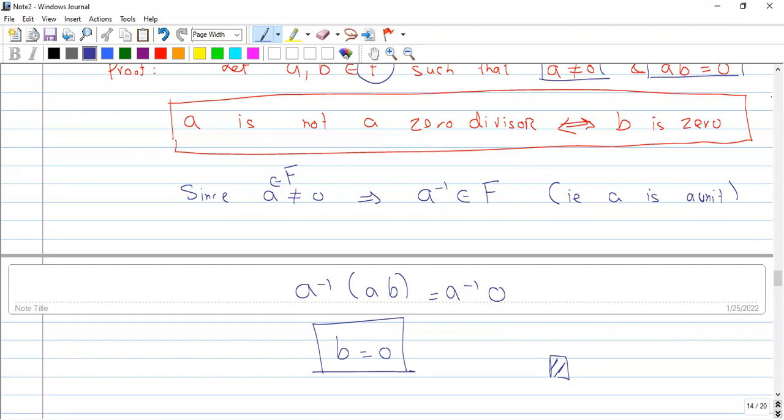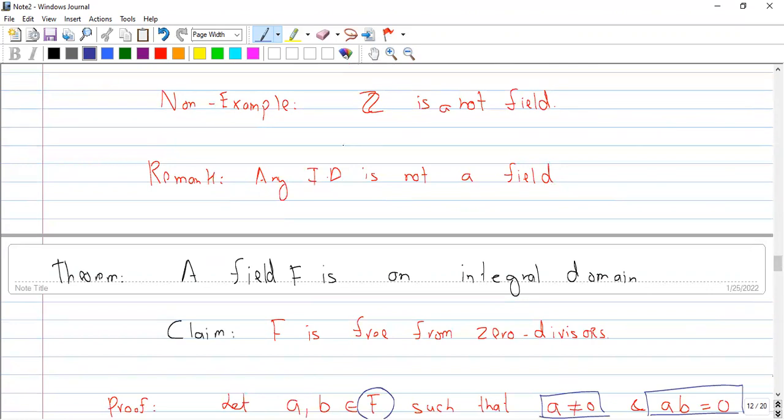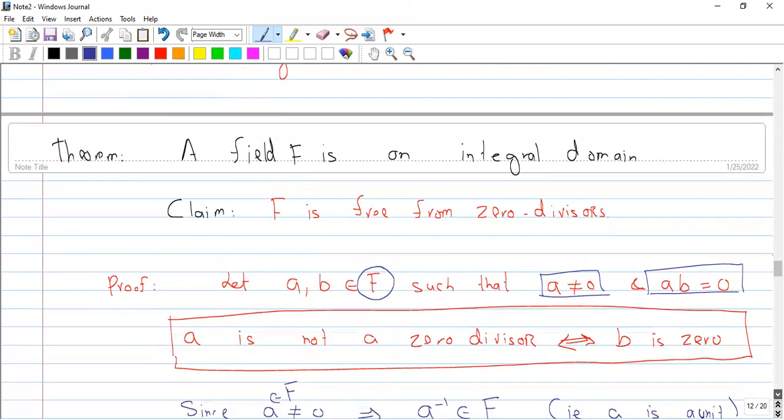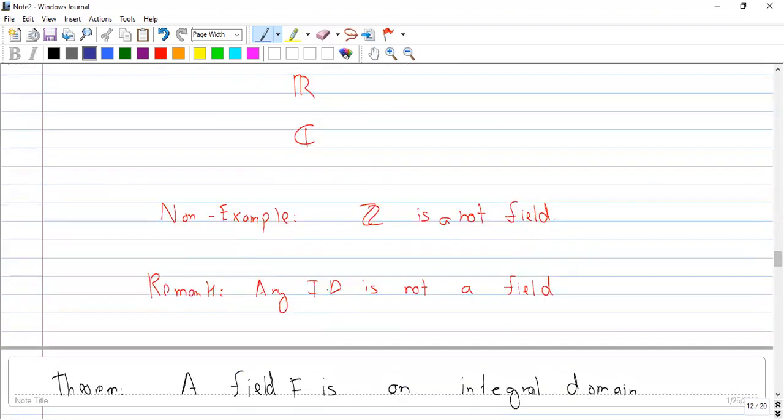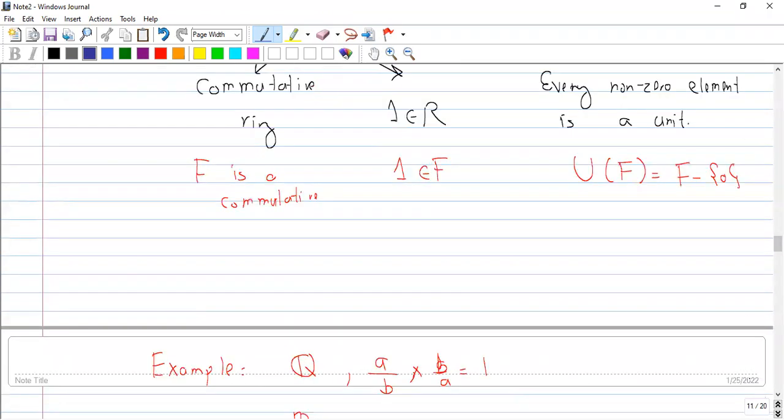But we know that in general the converse is not true, that is, not every integral domain is a field. But now we will try to prove the converse in a weak sense; we will have to apply some condition. So now, all the examples of fields I have given so far are infinite rings.